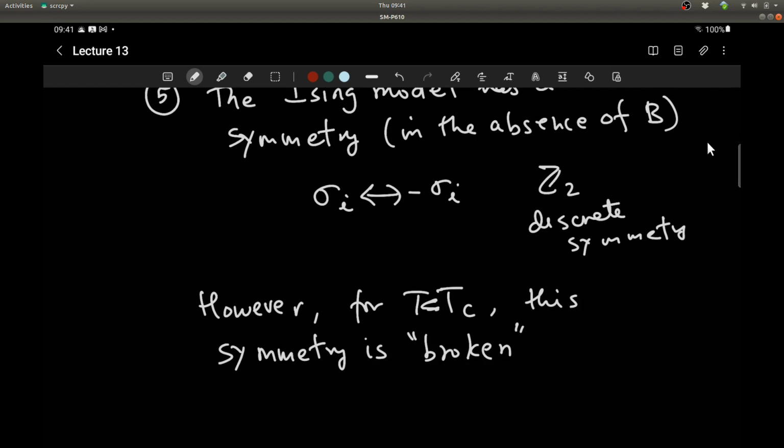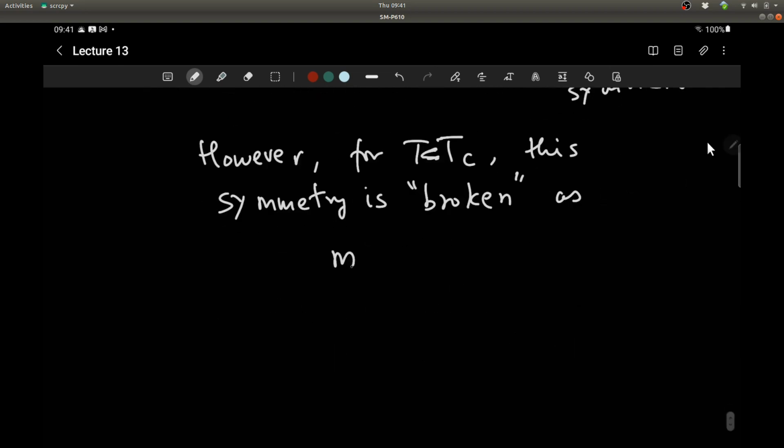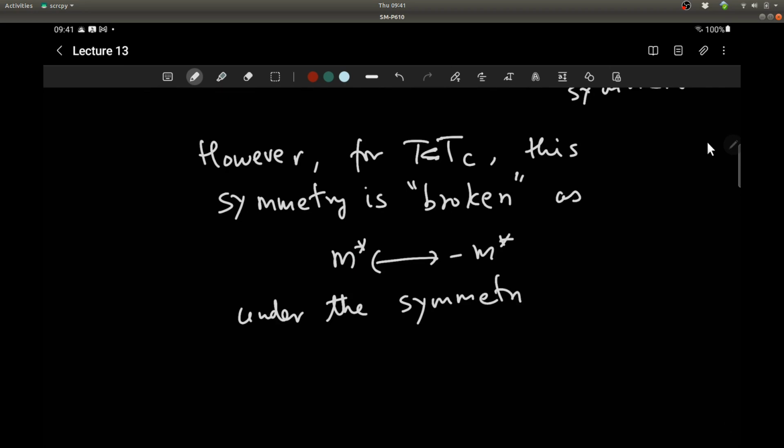But for t greater than tc, m equal to 0, so you have roughly equal numbers of up and down spins. So if you flip them, m continues to be 0. Okay, symmetry is broken as m star gets mapped to minus m star under the symmetry. The two solutions get changed to each other.